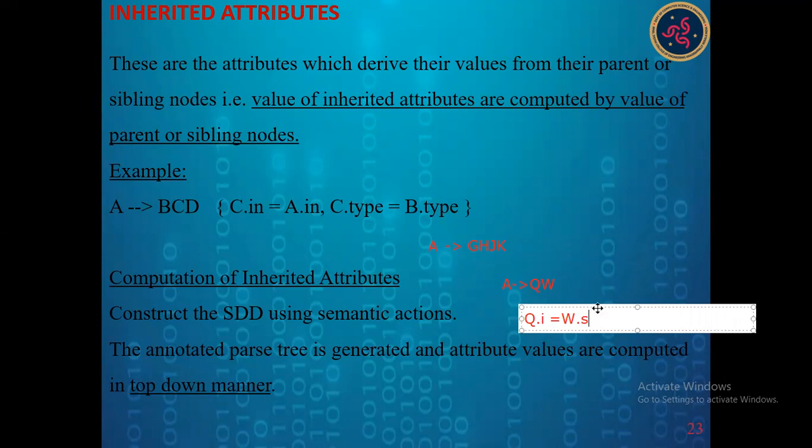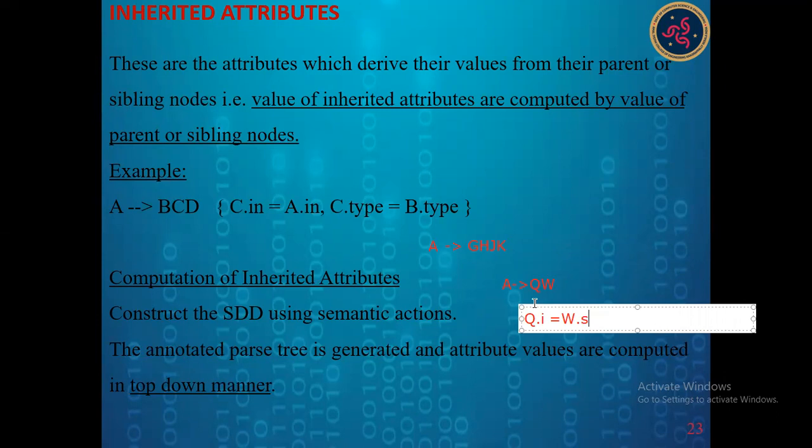Therefore we can take this as a particular inherited attribute. So here we need to consider this rule for creating the inherited attributes. We can take the values only of the parent as well as the symbols on the left side.